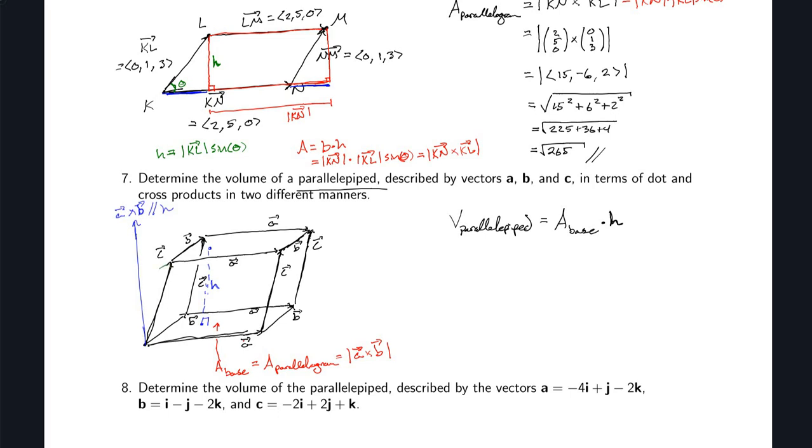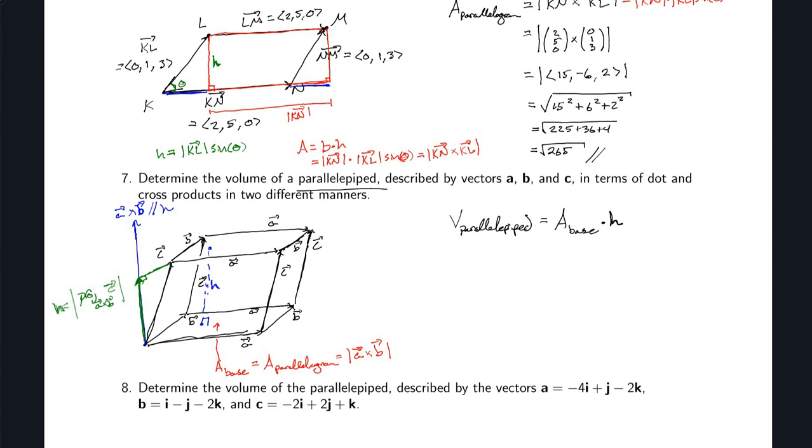So what we do is we take the vector C and we do a projection of C onto A cross B. And that projection of C onto A cross B has a length that is equal to the height.